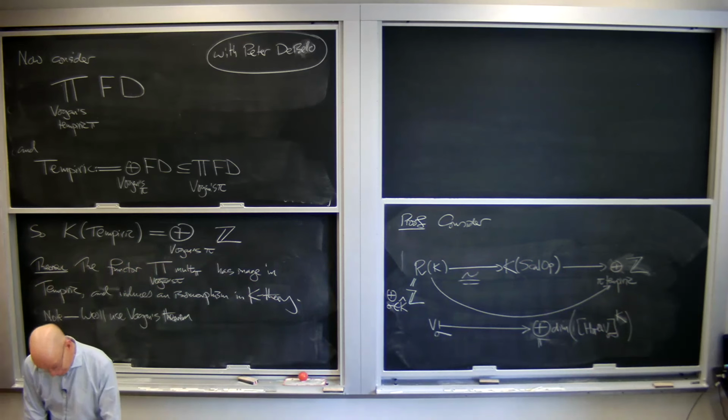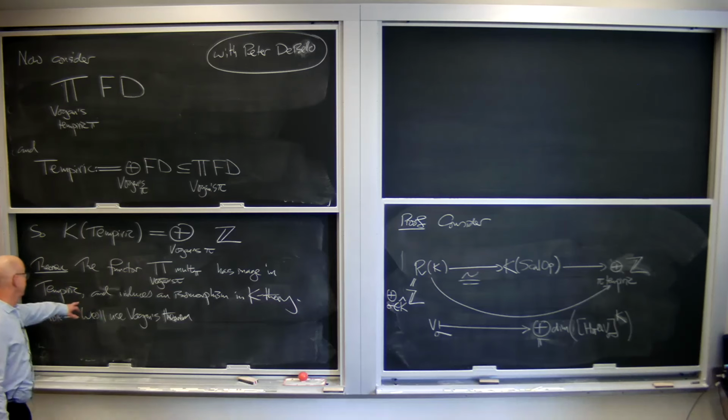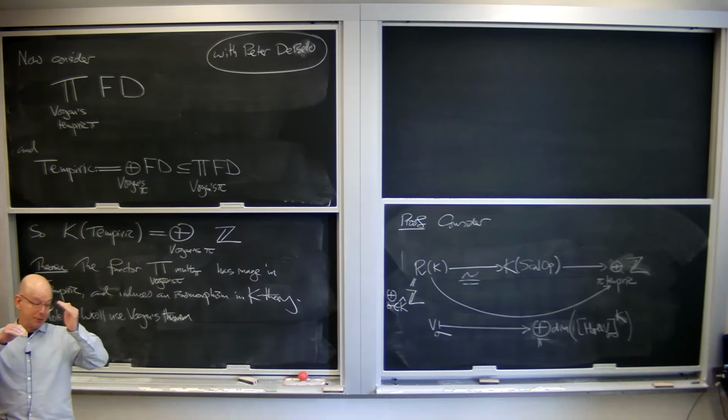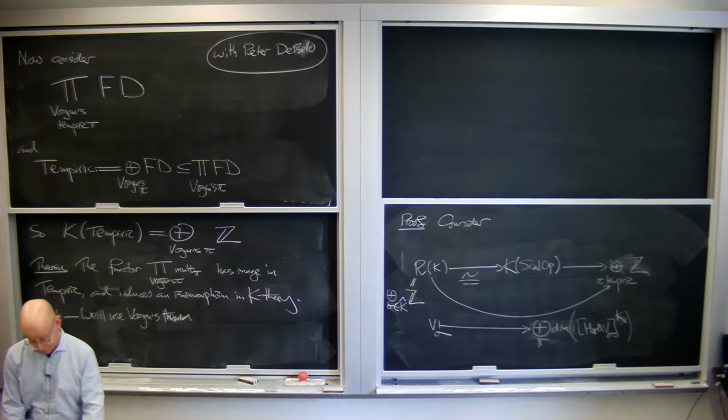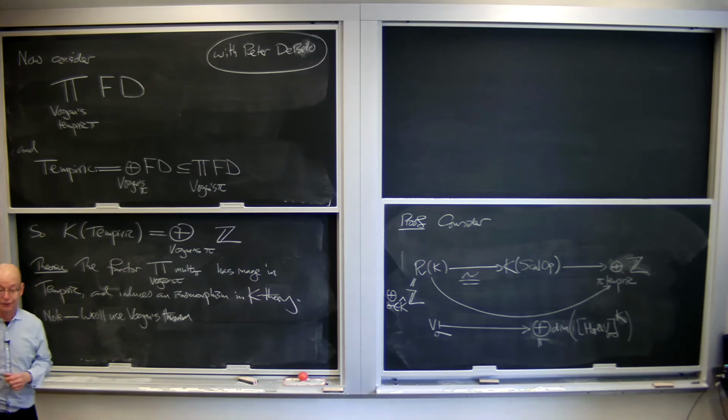To say that this functor is an isomorphism is pretty much the same as saying Vogel's theorem. Not exactly, but pretty much. And I don't have much to say about the gap between the K-theoretic statement and the actual statement of Vogel's theorem, because I didn't think about it enough.